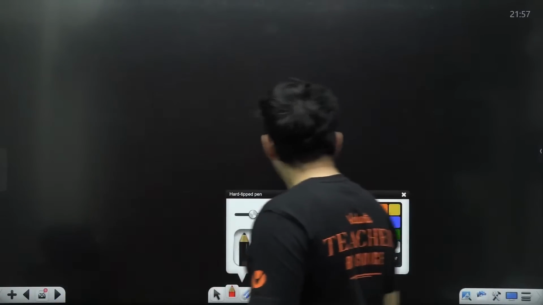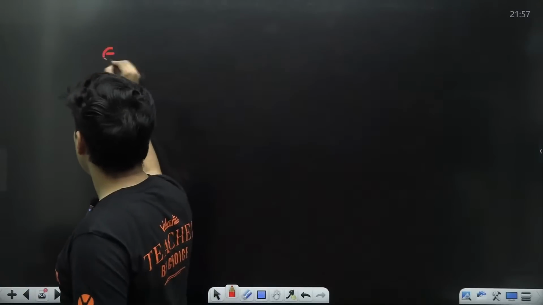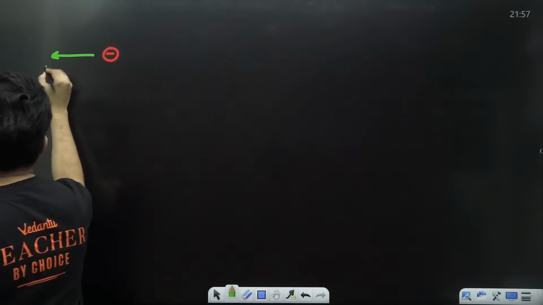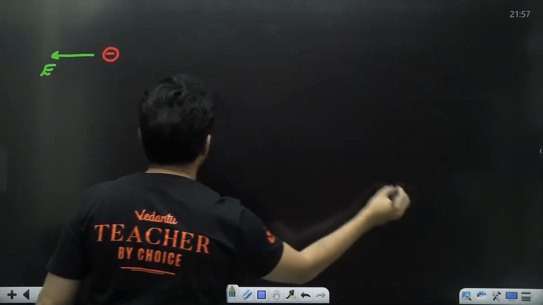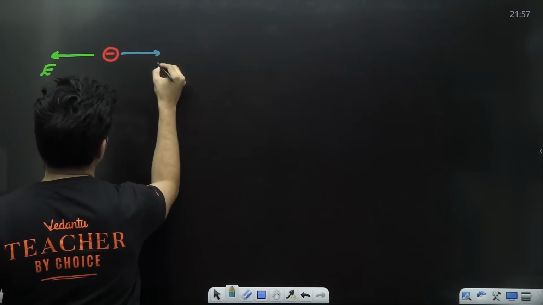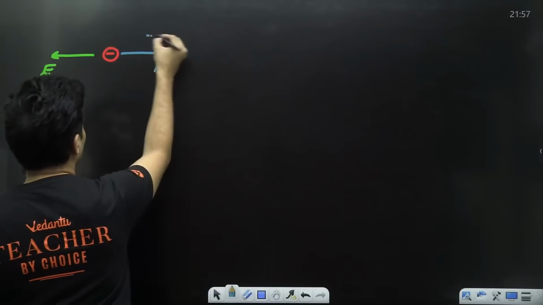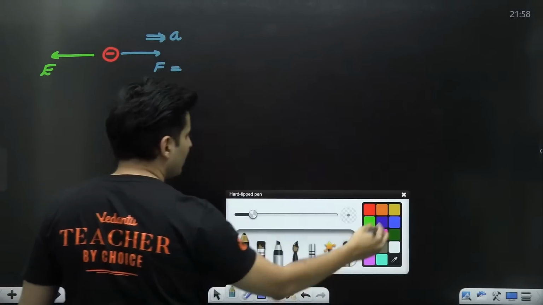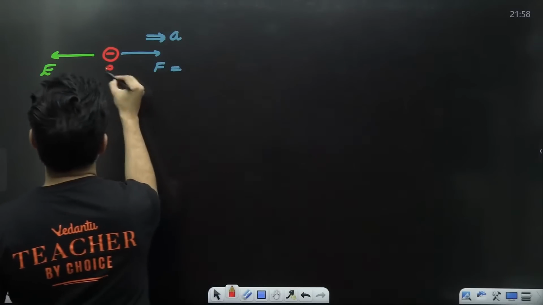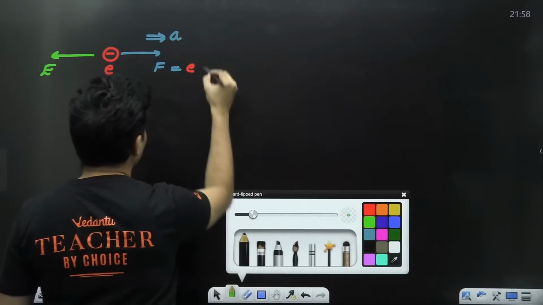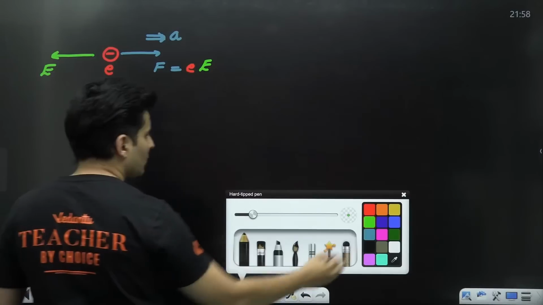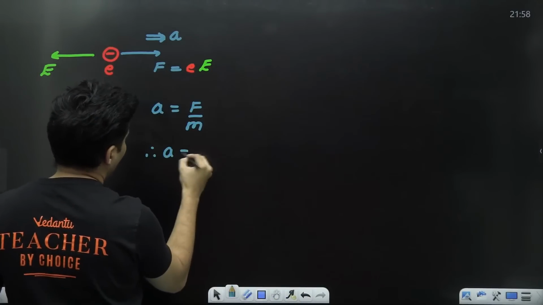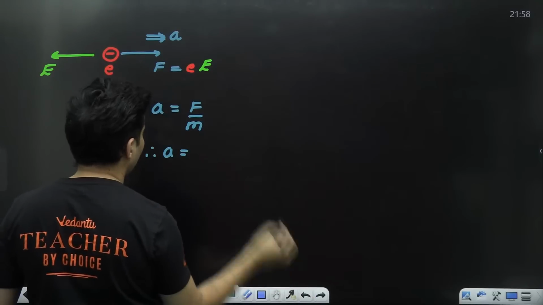Now, if it was a stationary electron, and somebody applied an electric field like this, that electron will experience a force in this direction, because of which it will end up accelerating. That force will be nothing but the charge, let's say e, multiplied by the field E. So now there will be acceleration, which is given by force divided by mass.